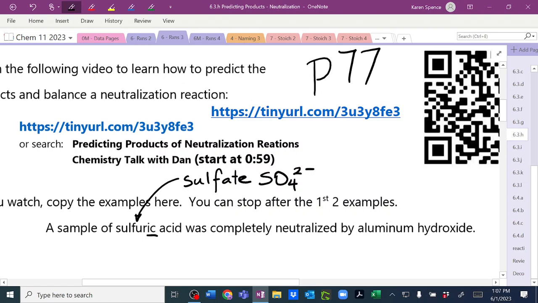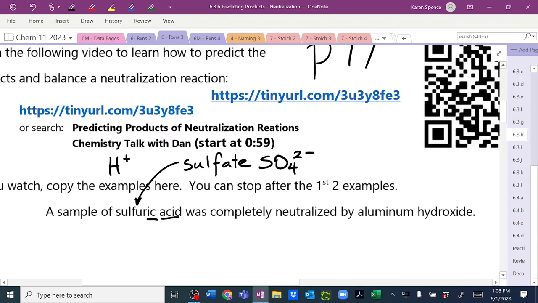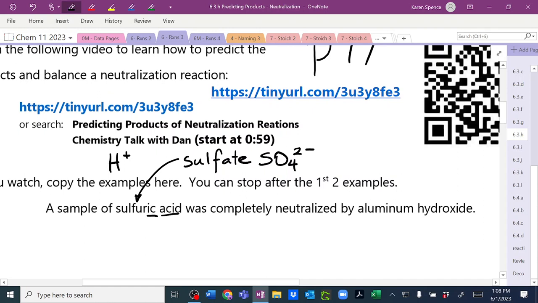If it is an acid, who is the other ion that it gets paired with? H. So we have H plus. So what is the formula for sulfuric acid? H2SO4, because we need 2 positive hydrogens to balance the 2 negative sulfates. So we have H2SO4. That's our reactant number 1.